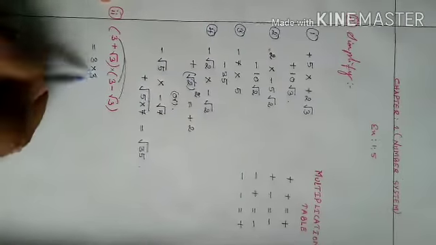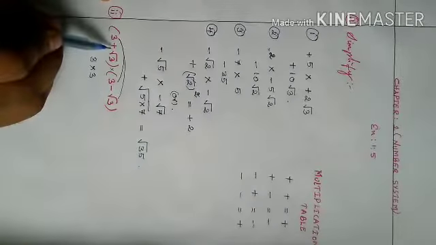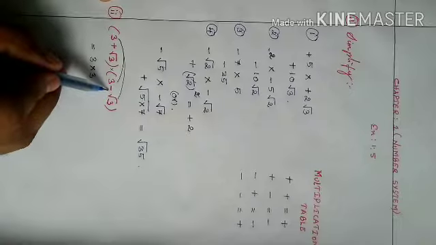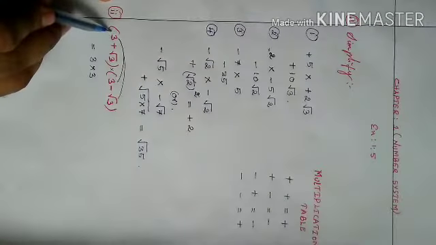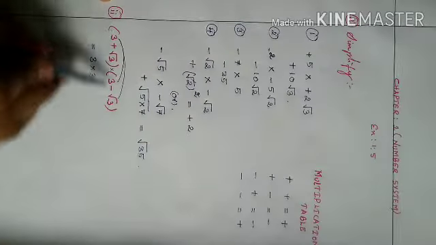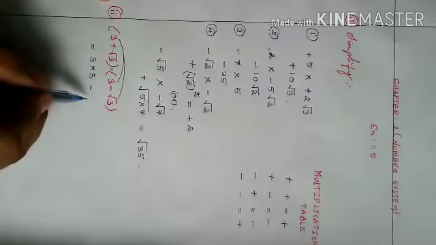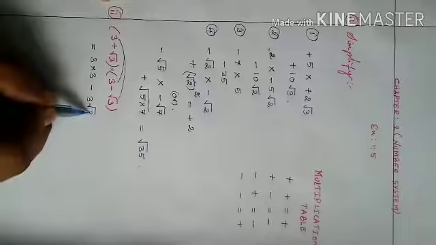Next one, 3 into minus root 3, we should take the same sign also. Here before 3, what is the sign? Plus. So plus into minus, minus, so 3 root 3.